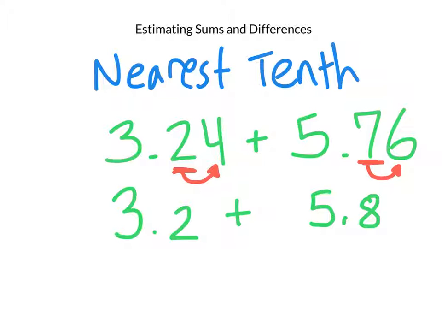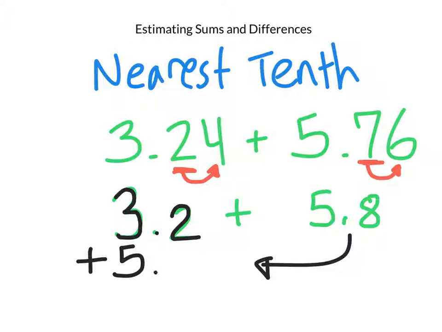Well, something that's really important when we add decimals is lining the decimals up vertically. So we would write the number 3.2 plus, we'll take this 5.8 and move it over, 5.8, and make sure that our decimals are lined up.